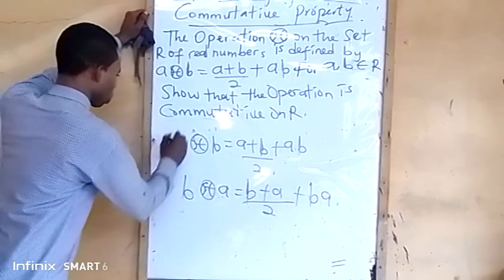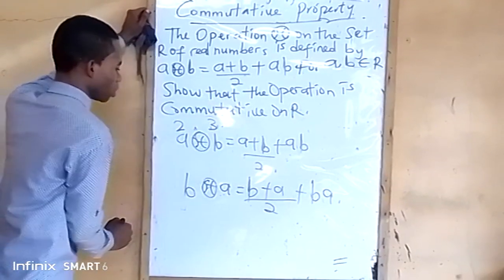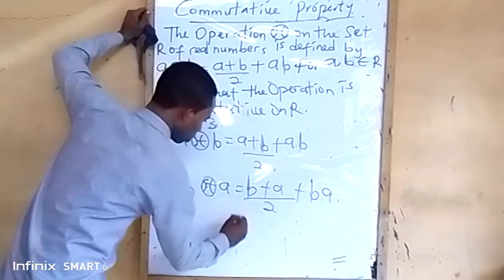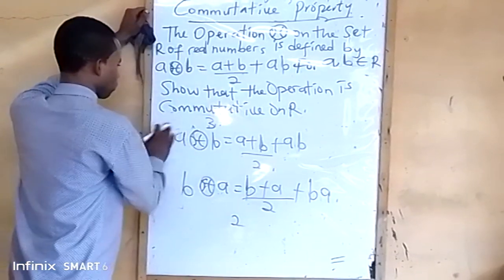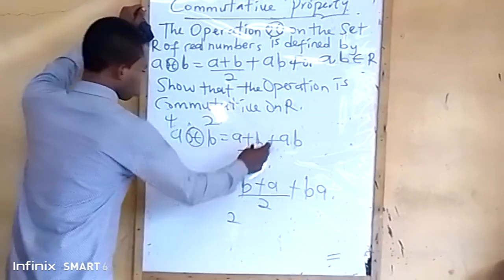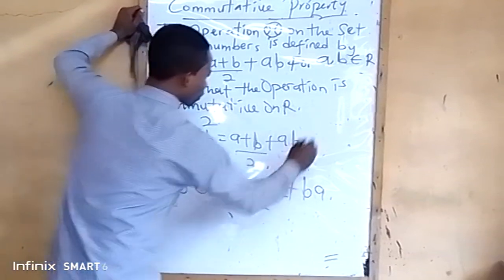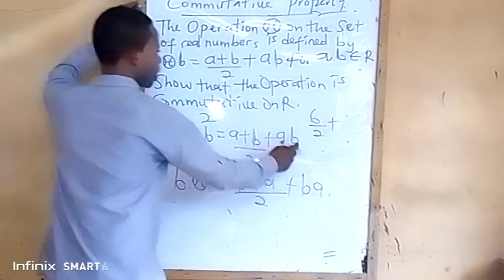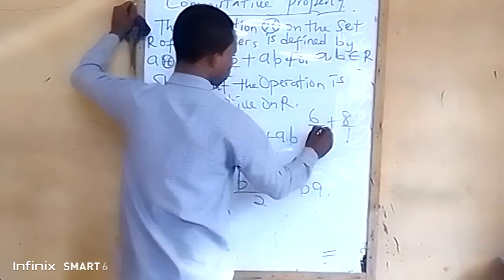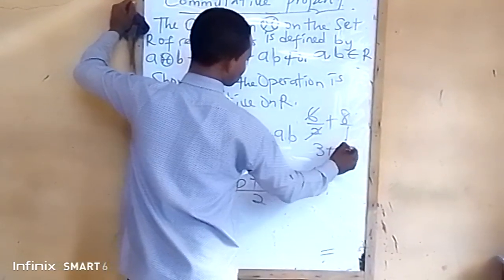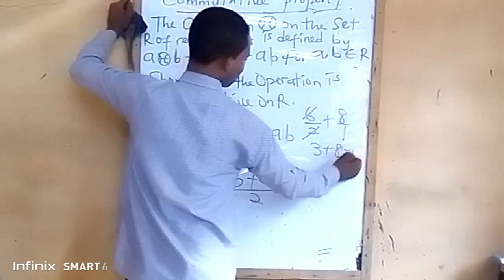Let me call A 4 and B 2. That is 4 plus 2, 6. 6 all over 2 plus 4 times 2, 8. 6 over 2 is 3. 8 plus 3, that is 11.